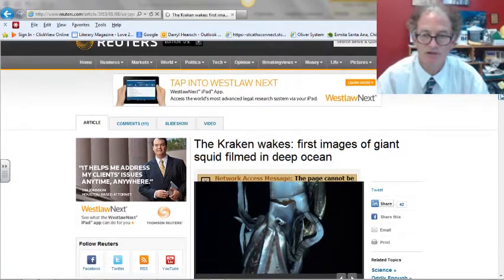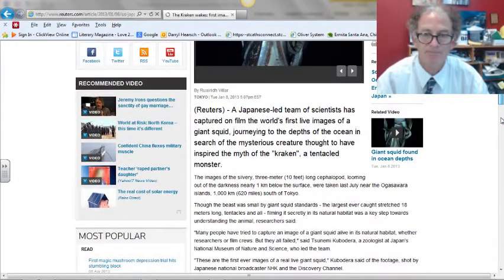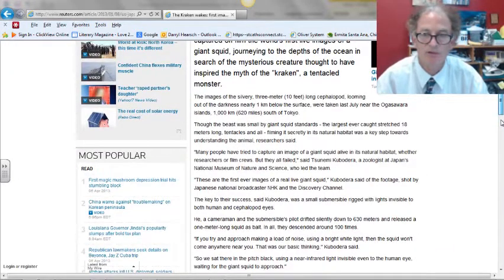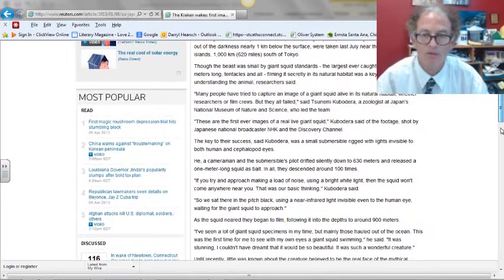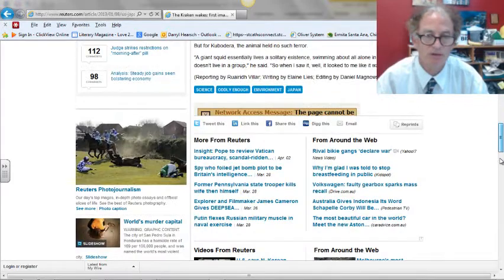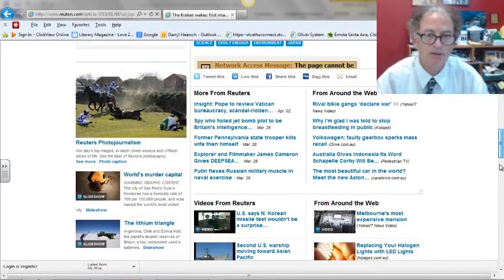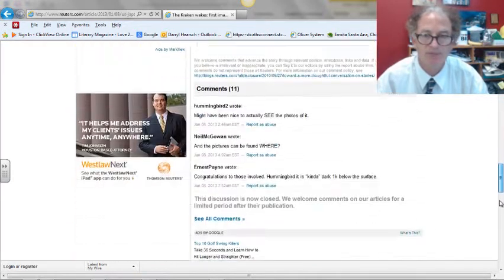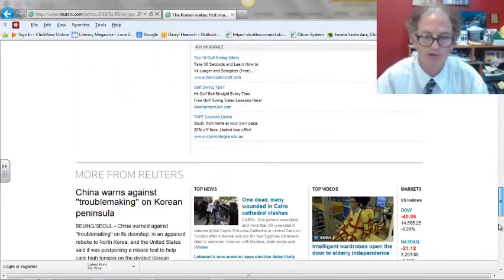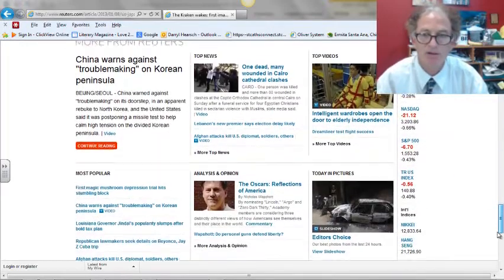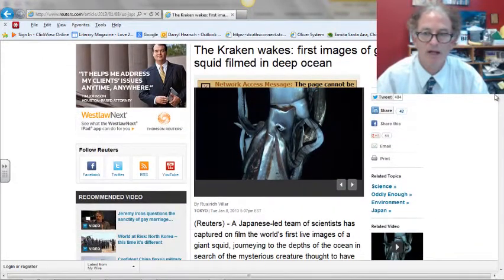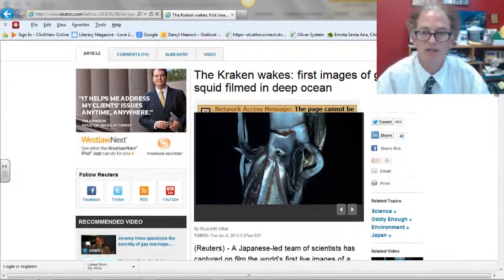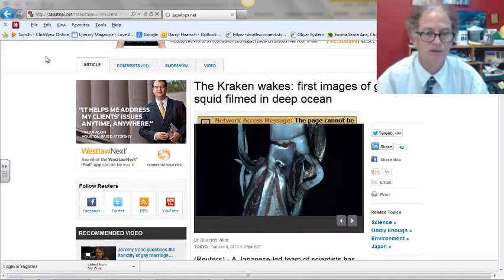Now I think Reuters has got something to do with the papers. This is something about giant squid. You can see some of the things up here. I don't know if this is a proper Reuters site or not. But has it got much to do with our tree octopus? This is about a giant squid in the ocean. I don't think it does.